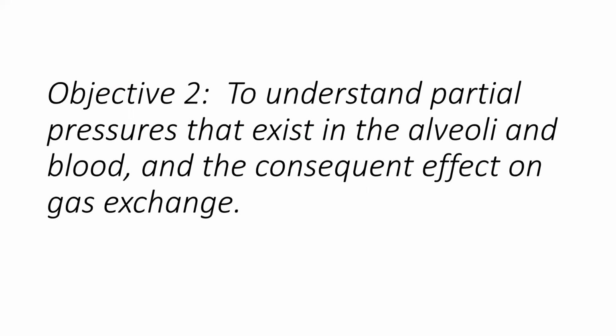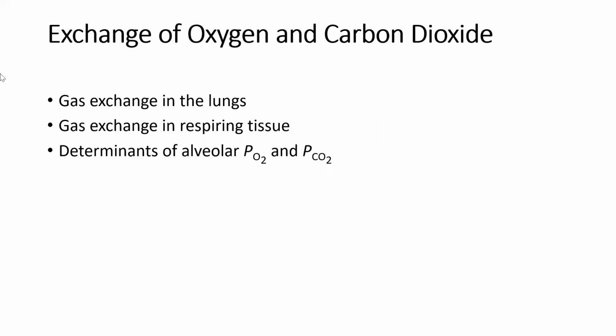Moving on to our second objective here, which is to understand the partial pressures that exist in the alveoli and the blood, and the consequent effect on gas exchange. So we'll talk about gas exchange, which happens in the lungs. It also takes place down at the level of the respiring tissue.